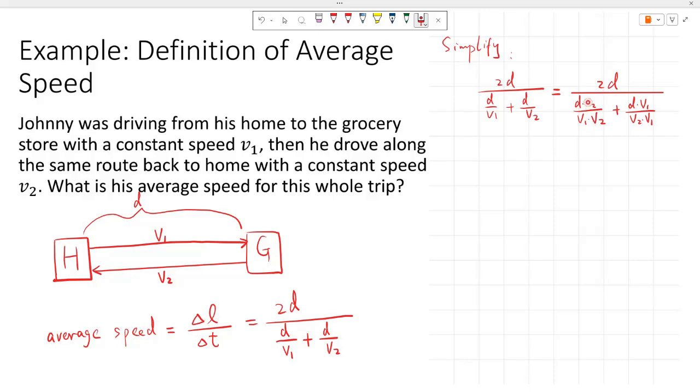In this case, we multiply v2 to the numerator and denominator of the first fraction, and v1 to the numerator and denominator of the second fraction, to make sure that at the end of the day we have the same denominator for those two fractions. They both read v1 times v2. So now we're ready to add up these two fractions in the denominator.